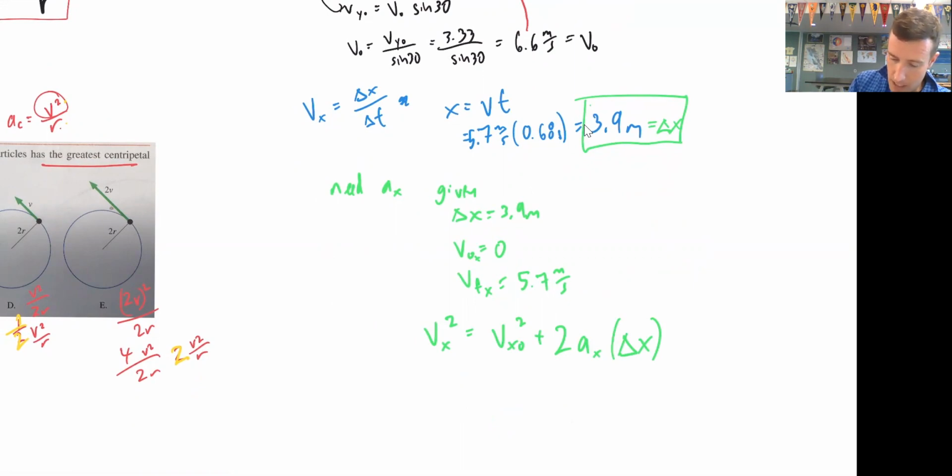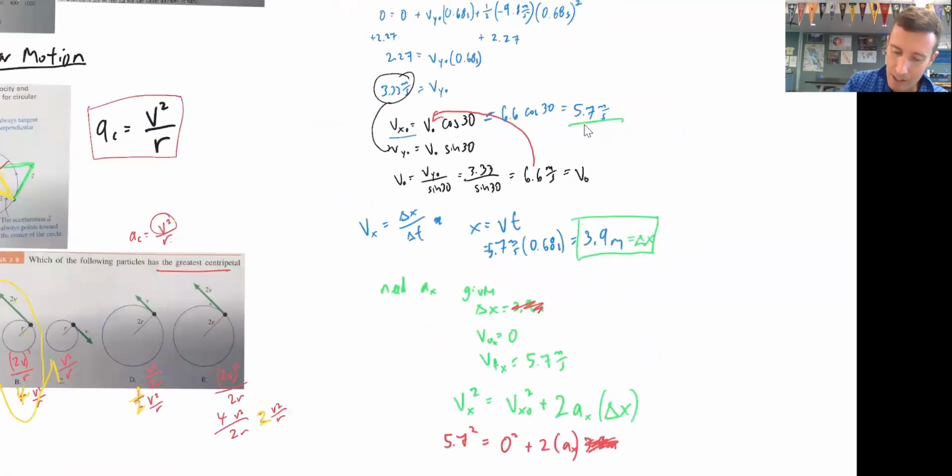That gives me v sub x, 5.7 squared equals 0 squared plus 2 times acceleration, which is what I'm solving for, times delta x is 3.9 meters. Oh no, wait, wrong delta x.